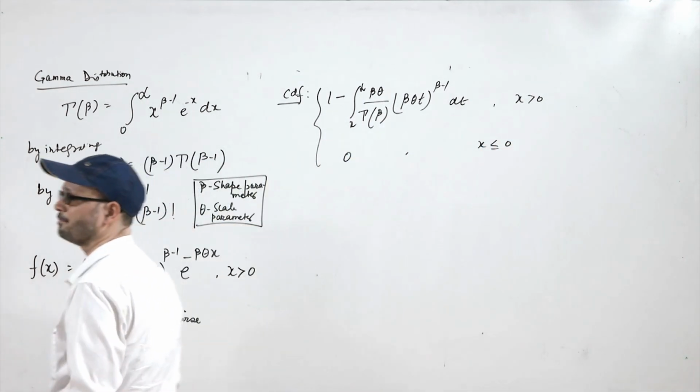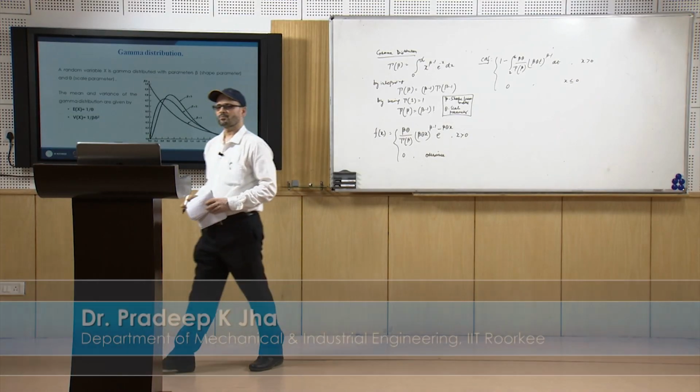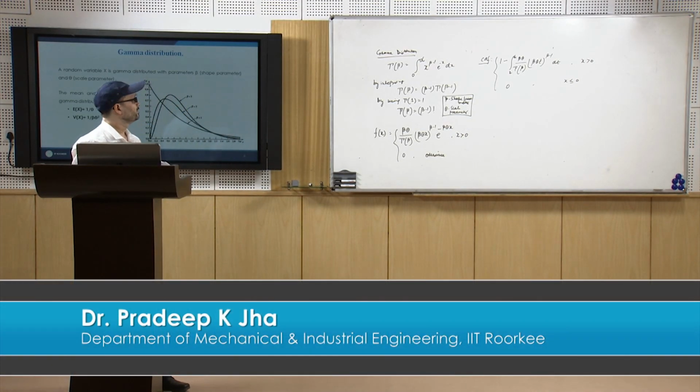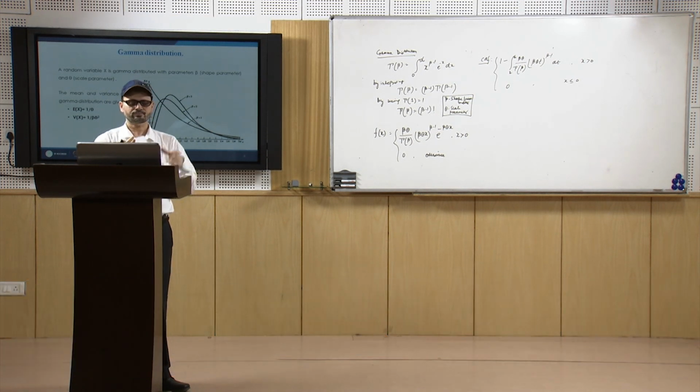So, this is the cumulative distribution function for the gamma distribution.